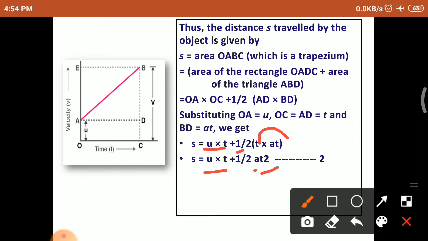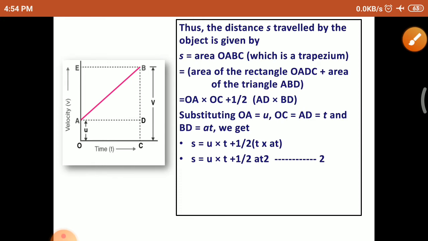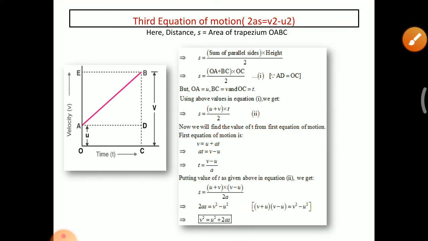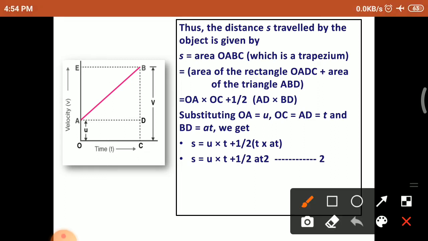So from this graph, we derived the second equation of motion, S equal to UT plus half AT squared. Do you understand how to calculate the second equation of motion? You have to take the O, A, B, C shape.